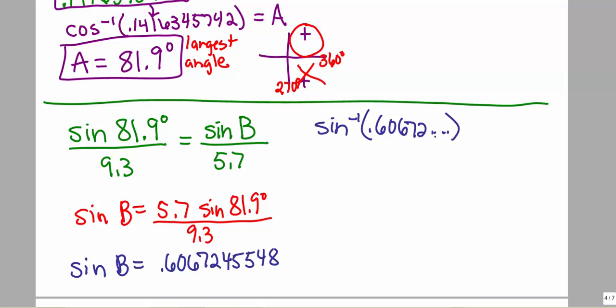So let your calculator store that for you so you don't have to retype it. And our calculator tells us that the angle that we are looking for from quadrant 1 would be 37, we're going to round to the nearest tenth, say 37.4 degrees.